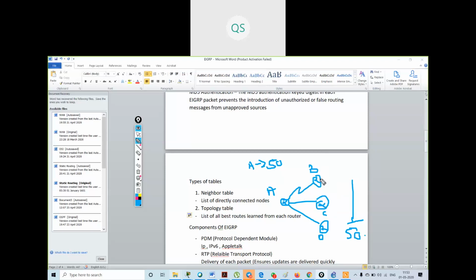Suppose B is having multiple routes to reach the 50 dot network. C is also having multiple routes.